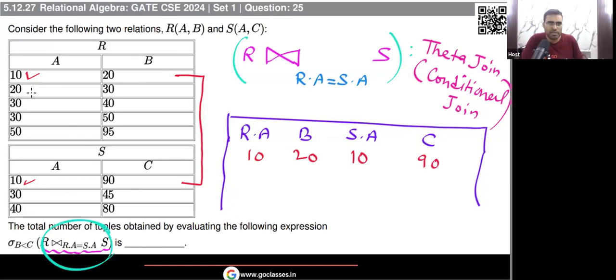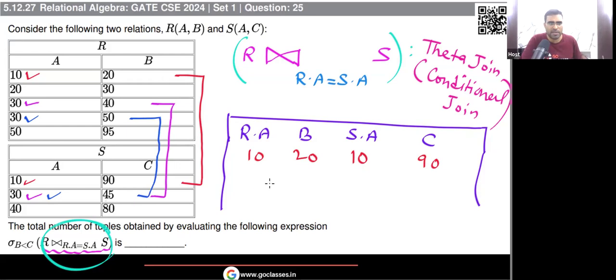So this tuple we are going to get. What else? You can see this tuple will not match with any tuple here, because here the value of a is 20, and there is no value of a 20 here. Next, this tuple has a value of a of 30, so it will match with this tuple, and also with this other tuple.